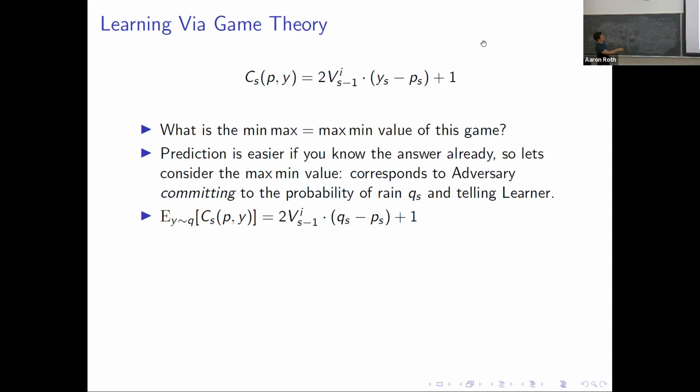But if I know Q of S, if I know the probability it's going to rain today, that's a really good prediction to make. I should predict Q of S, and that'll zero this out.